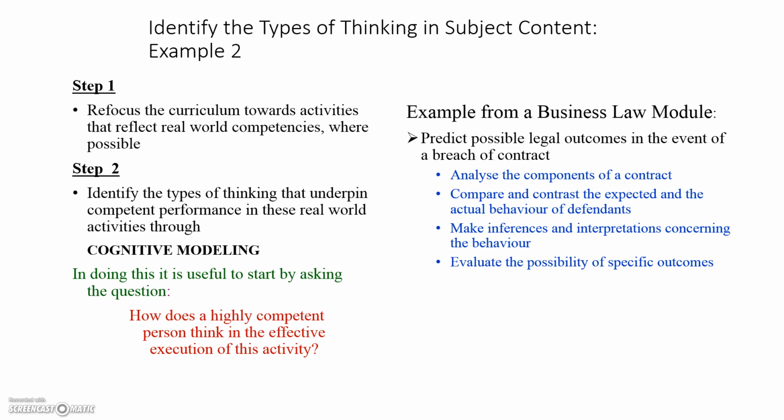In other words, well, if a person's broken the contract, what's likely to happen? And evaluate the possibility of specific outcomes. So, certainly something may happen, and what could be the specific outcomes, so that the person concerned then has to make inferences and interpretations about what they're going to do about these possible outcomes. So you can see here how this process works.